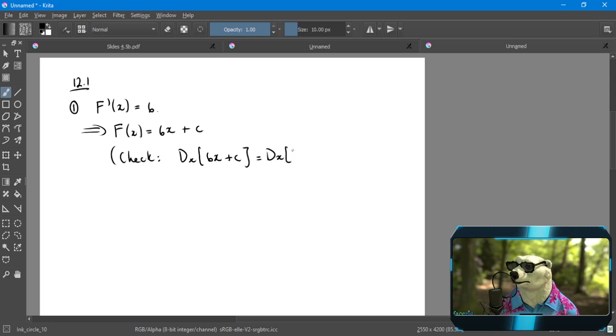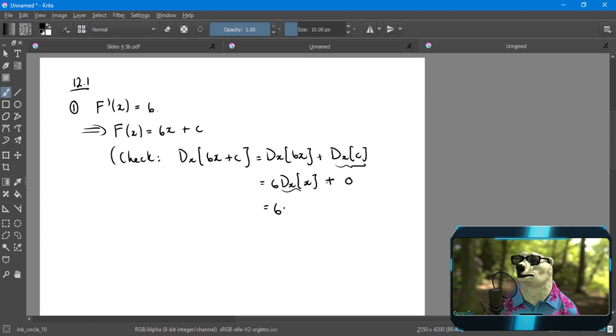I have my sum property allowing me to separate the terms. I have my constant times a function property allowing me to put the 6 in front because it's a constant. C, that second term is 0. I have my 6 times the derivative of x, which is a power rule. That's just a 1. So I get the 6 which I am supposed to get.